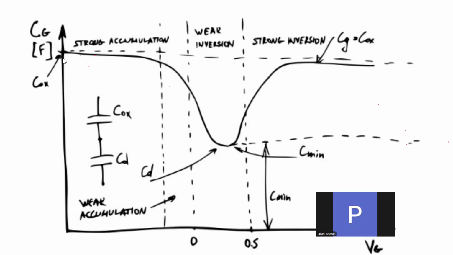At this point, this is C ox. At this point, it is C ox plus CD in series, so the capacitance reduces. Here again, when the electrons are attracted, the depletion layer width is decreasing, so the capacitance is increasing, and finally it becomes equal to the oxide capacitance.